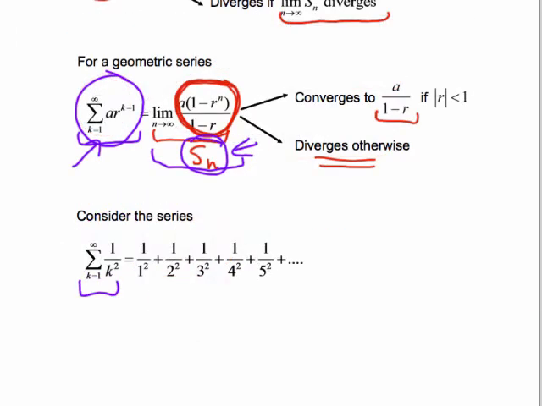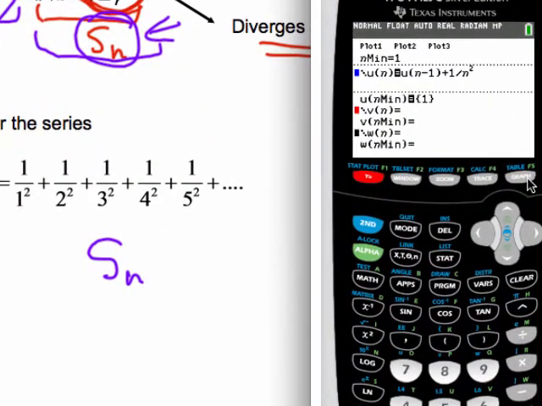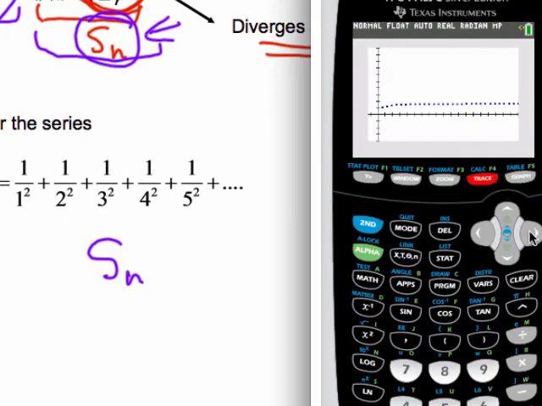For example, here's an infinite series that I can't find a formula for the sum of n terms. If I look at this series in the calculator, I've got it represented recursively here, and graphically, it seems that I'm approaching some finite sum.